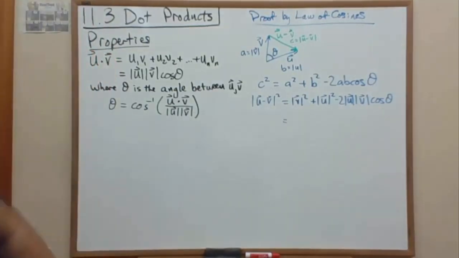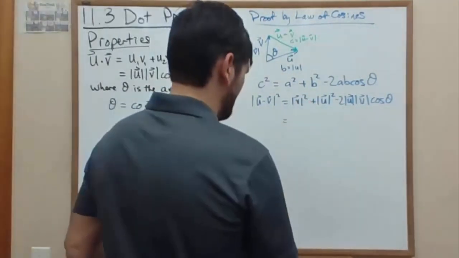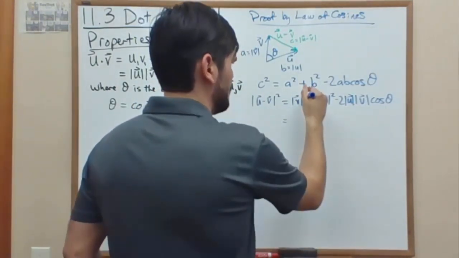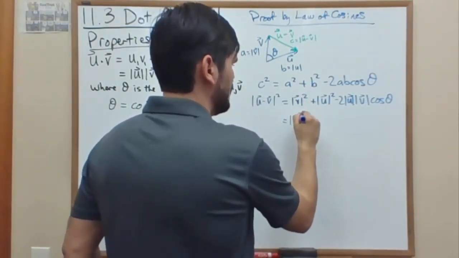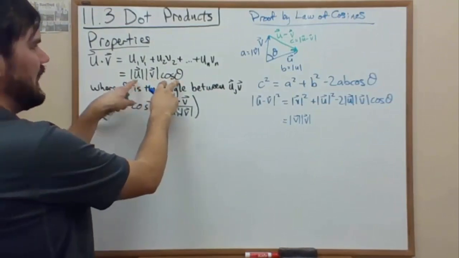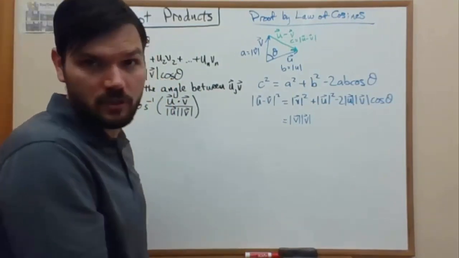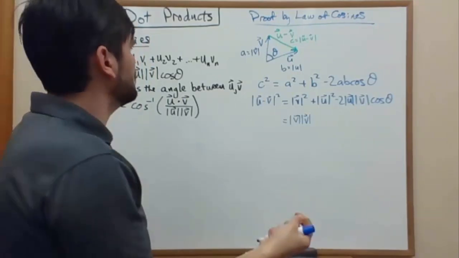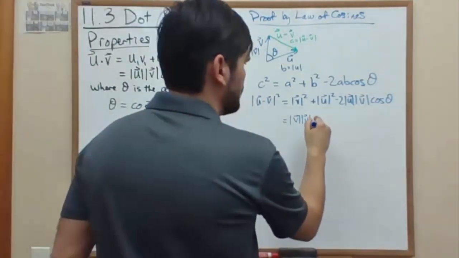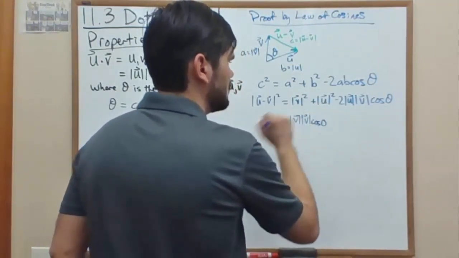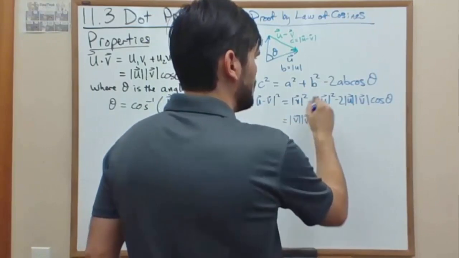Well, that's the same thing as saying the magnitude of v times the magnitude of v. And if two vectors are the same or going in the same direction, the angle is 0. The inner angle is 0, and so the cosine of 0 degrees is 1.